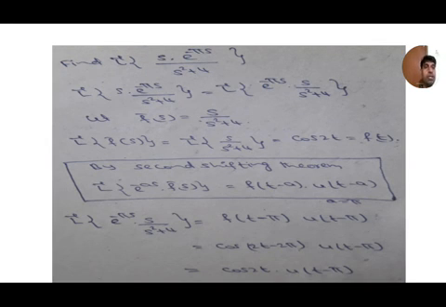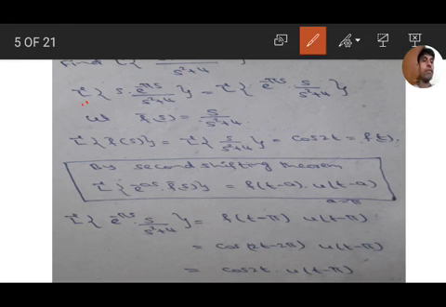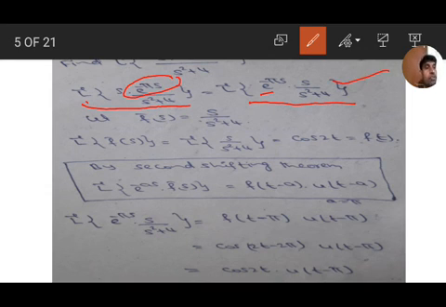Find L inverse of s into e to the power of minus pi s by s square plus 4. So here given L inverse of s into e to the power of minus pi s by s square plus 4 can be written as L inverse of e to the power of minus pi s into s by s square plus 4.